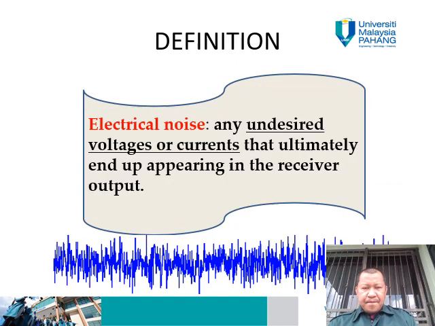Next, the next definition is electrical noise. So what is noise? We have described noise before when we discussed transmission medium. Hopefully we can still remember. So electrical noise is any undesired voltage or current that ultimately ends up appearing in the receiver output.